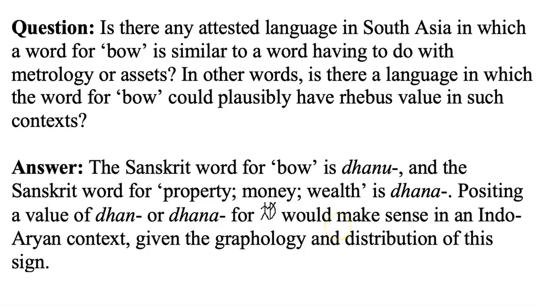Okay, but this is dhanu. And the Sanskrit word for property or money or wealth is dhana, so they're almost the same word. So if we posit a value of dhan or dhana or something similar for the bowman, that would make sense in an Indo-Aryan and a Sanskritic context, given the graphology and, again, the distribution of this sign, all right, dhan or dhana.